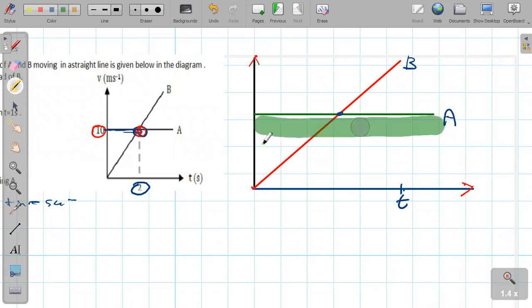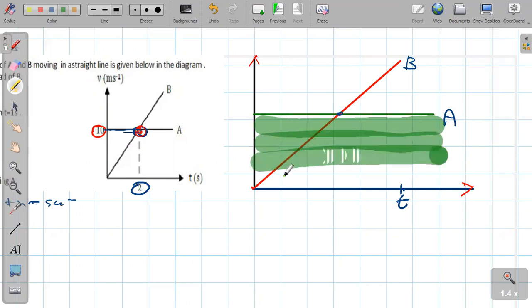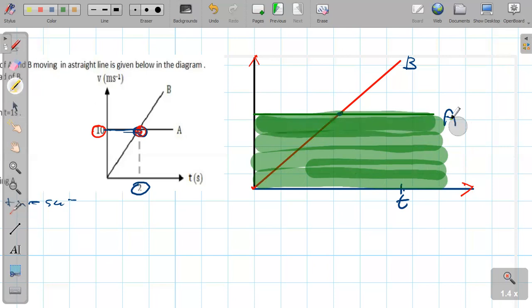Green, I'm talking about A. The entire thing. Let it be green. Now I'm going to mark the velocity it has acquired during this time.